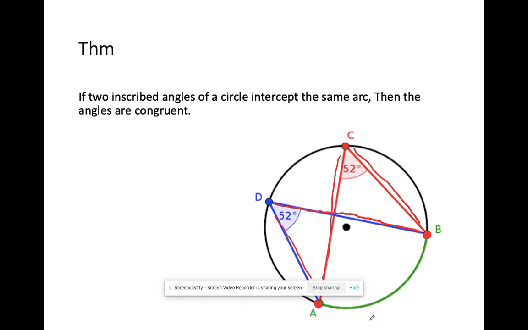They have that same arc. Arc AB intercepts both of them. So that arc is going to be the same arc, which means that these angles are going to be congruent. So this arc here would be double that inscribed angle measure. So the measure of arc AB would be 104 degrees.